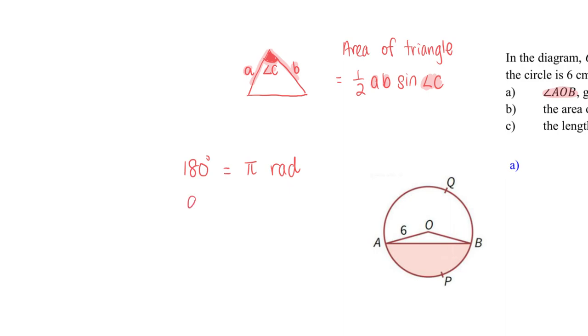So of course I want to know what is my 90 degree. Then you will see that I divide by 2 and I have pi divided by 2 radian.